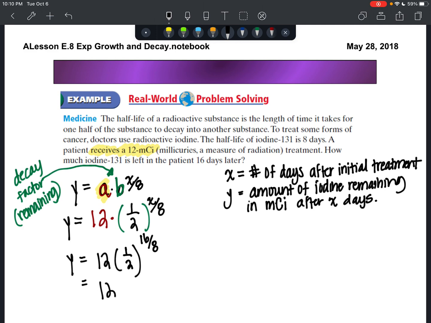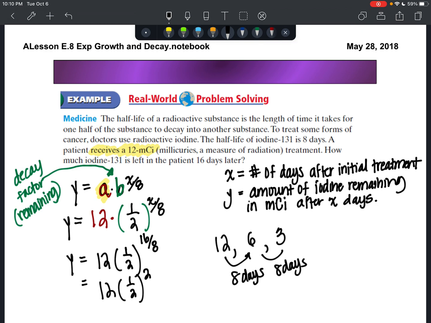That's going to be 12 times 1/2 raised to the 2nd power. So that means I'm going to start with 12, and then remember our geometric sequences. This is 8 days later. We have 6. And then another 8 days later, we're going to have 3.